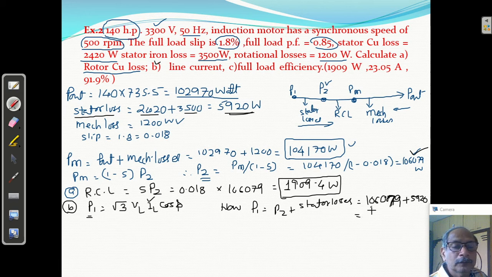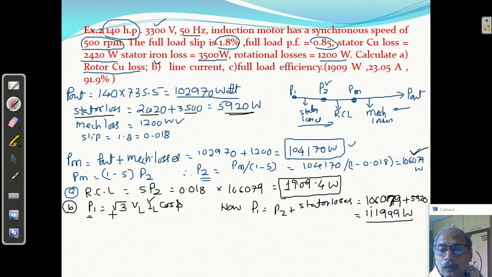So we will get 111999 watt. That is the P1.